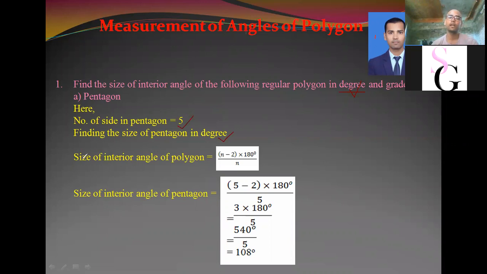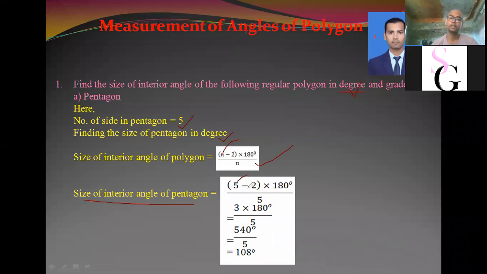As we have been given the formula, the size of an interior angle of a polygon is equal to (n minus 2) into 180 degree by n, where n is the number of sides. So the size of the interior angle of a pentagon is equal to, the number of sides given is 5, so we replace n with 5.